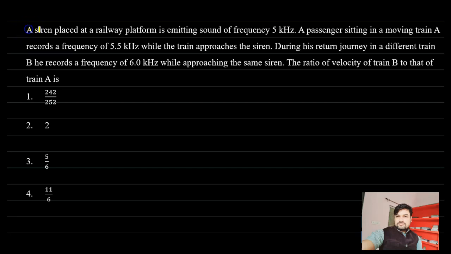The question says, a siren placed at a railway platform is emitting sound of frequency 5 kHz. A passenger sitting in a moving train A records a frequency of 5.5 kHz while the train approaches the siren.